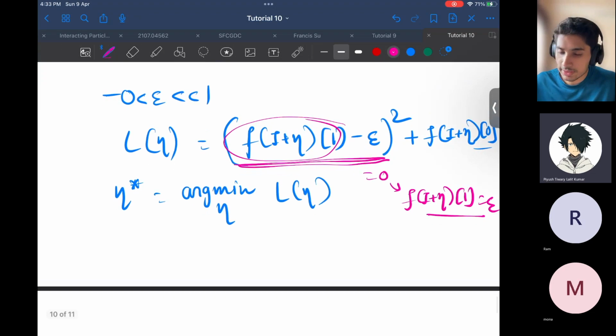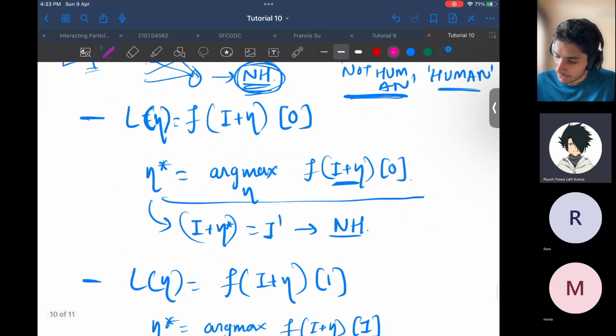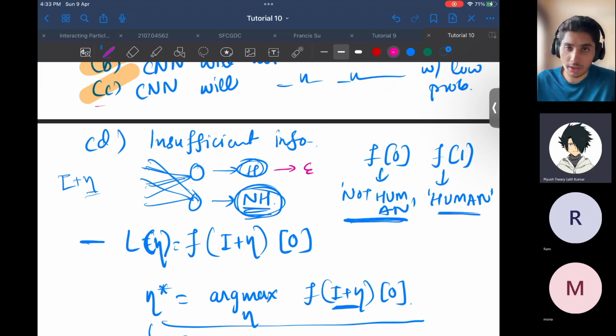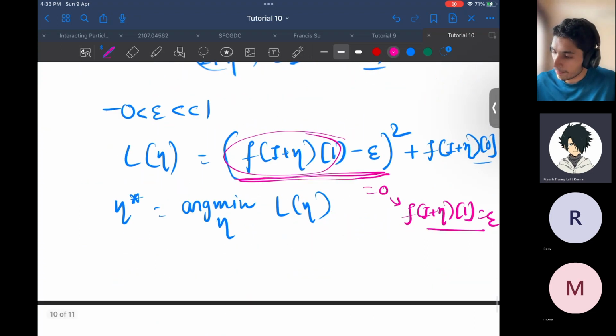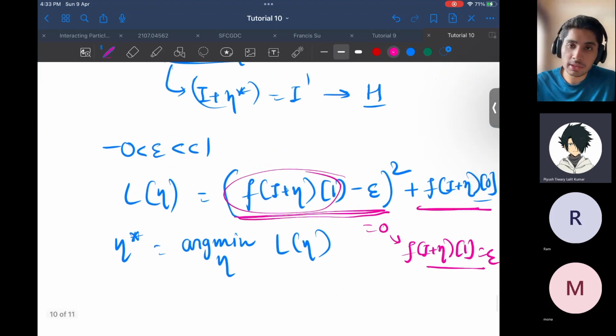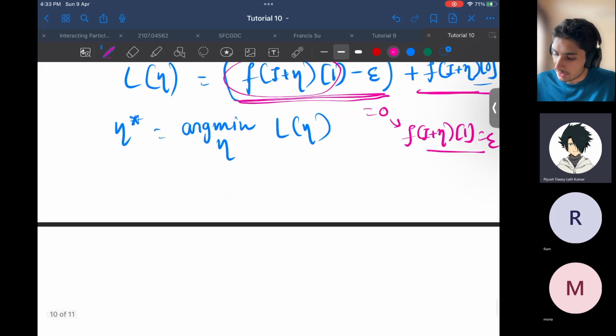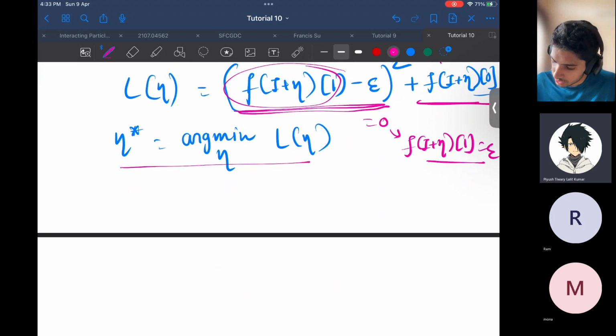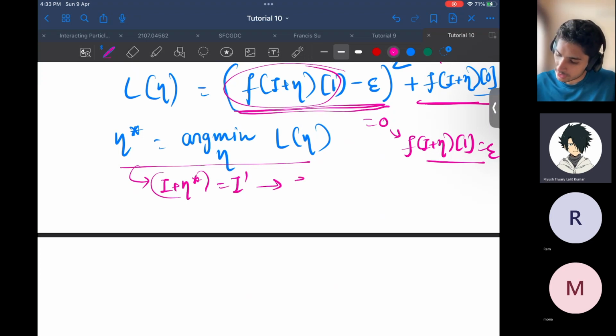So my network here is outputting epsilon as output. However, I'm also minimizing this other thing, so what will be the minimum value it can take? It can be any arbitrary value, something like -10, whatever it is. Now this time, if I use I plus eta star and call it I dash, the output of this will still be human, but with what probability?